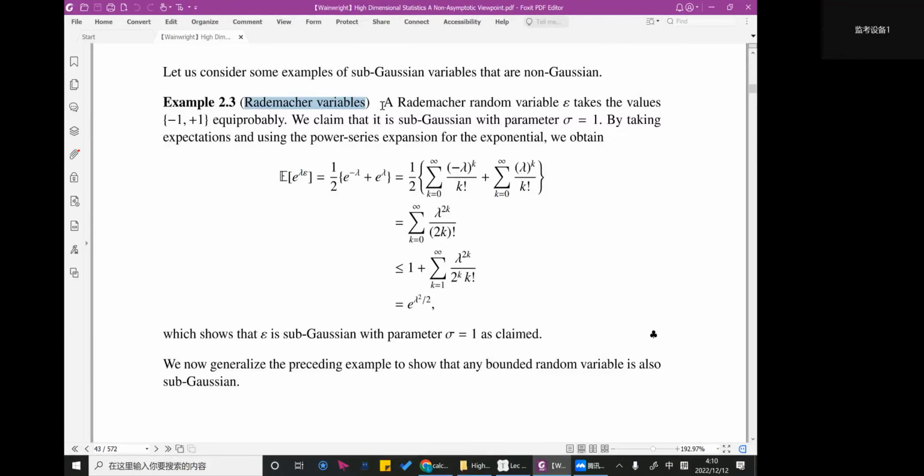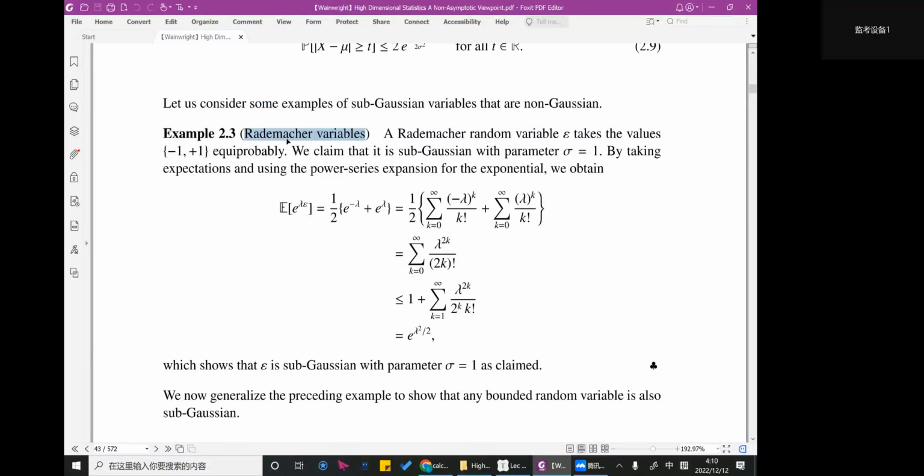In those settings, you may use these Rademacher variables or some other methods like chaining, blocking to bound the results. Anyway, the definition of a Rademacher variable is that it takes the value negative or positive 1 with equal probability.